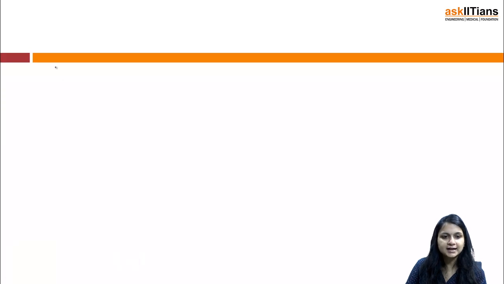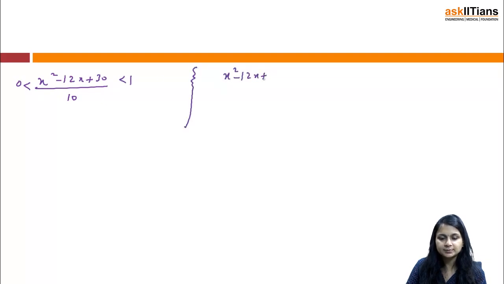On one side I have (x square minus 12x plus 30) upon 10 lying between 0 and 1, and on the other side I have (x square minus 12x plus 30) upon 10 greater than 1. In this case I will have log of 2x upon 5 to the base 2, because the sign of inequality will change, less than equal to 1.